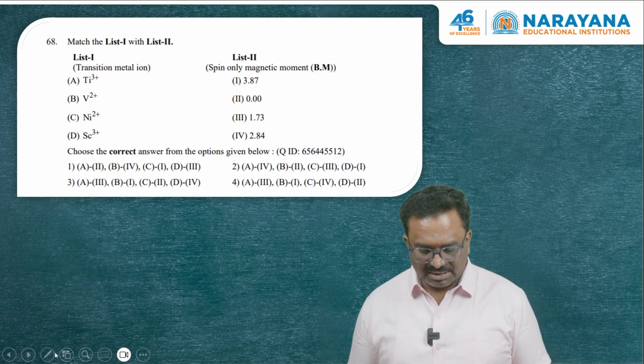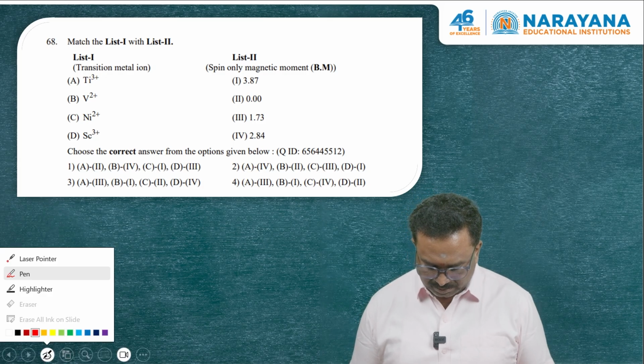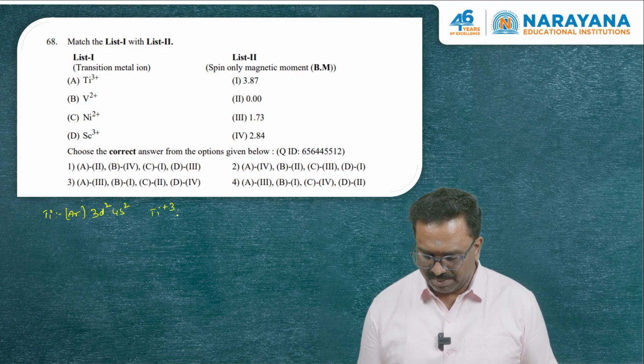Next, let us see here Ti3 plus, titanium. Titanium originally has the configuration 3d2 4s2. So when it is Ti plus 3, you can write it as 3d1.